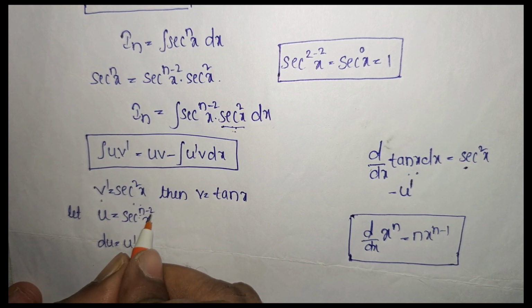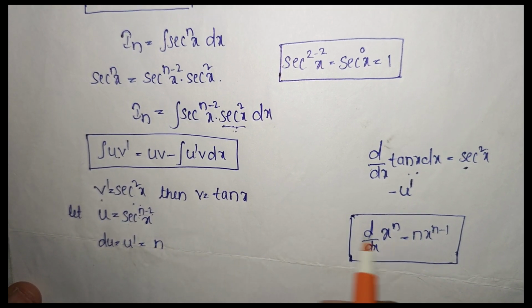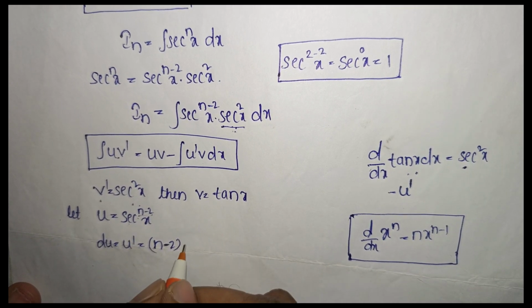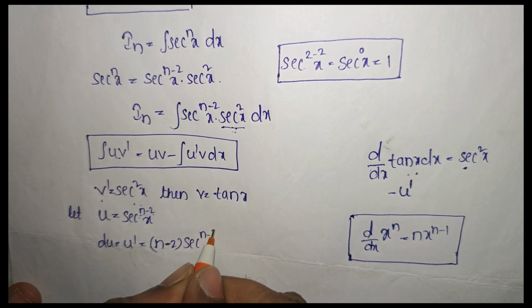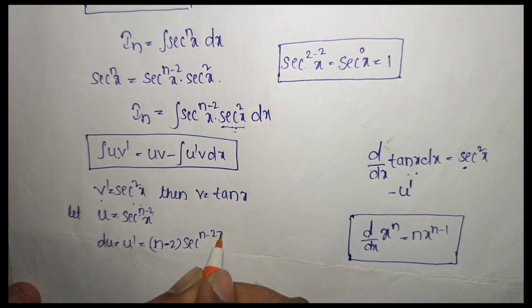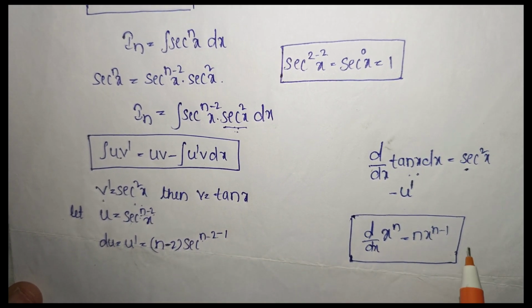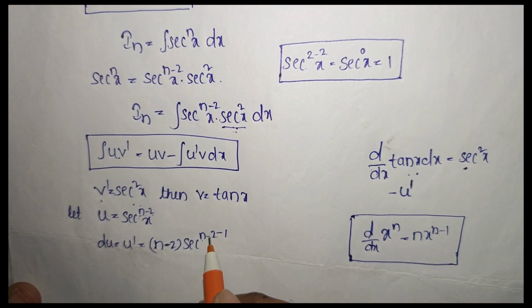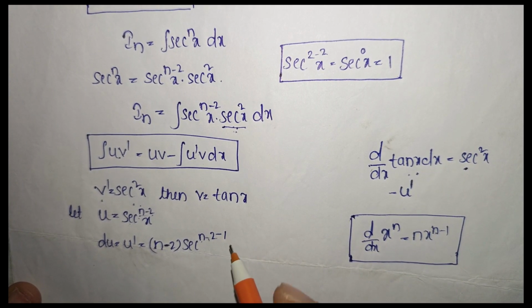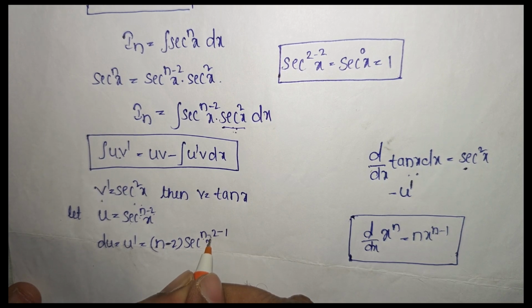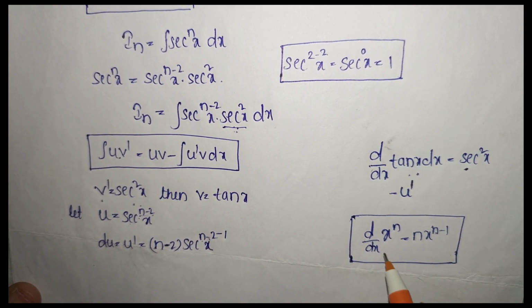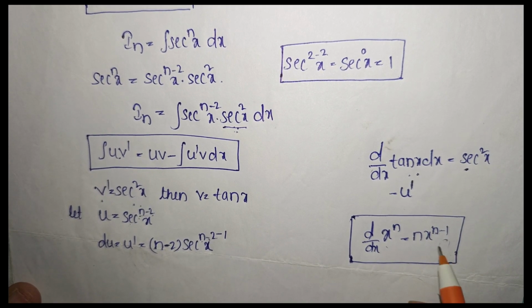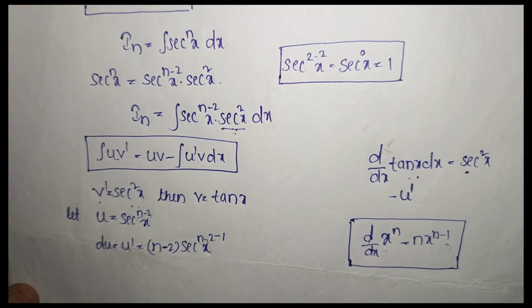Next, what is the power here? In the place of n we have n minus 2. So we get secant to the power of n minus 2 minus 1, because in the formula we have n minus 1. But here we only have x, so the derivative of x is 1, and we didn't need to do any derivative of x.